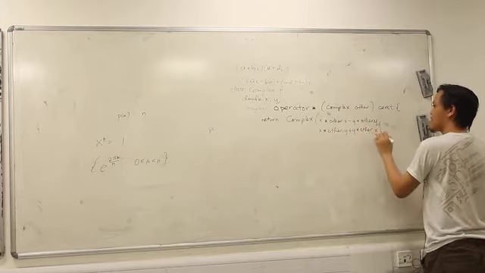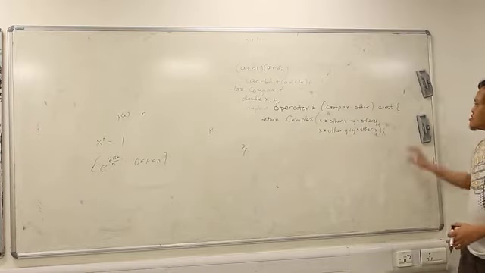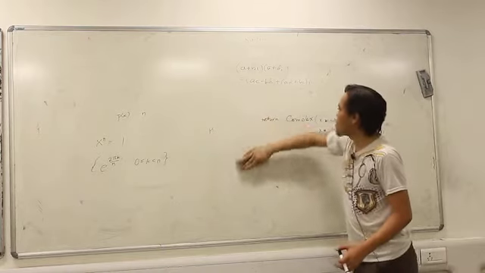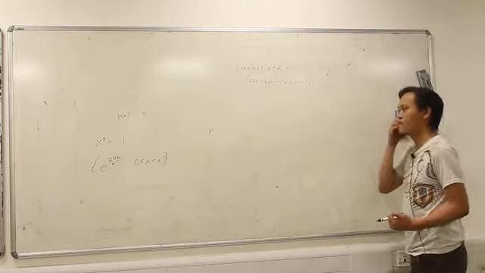Something like this. Let's assume that complex has a constructor. Okay? So you can implement a complex arithmetic by yourself as well.